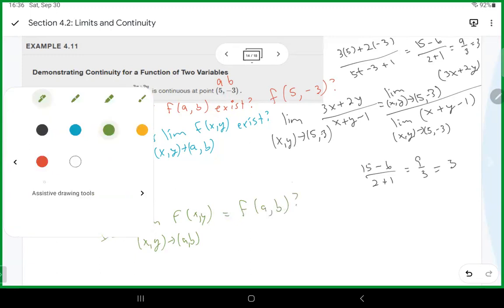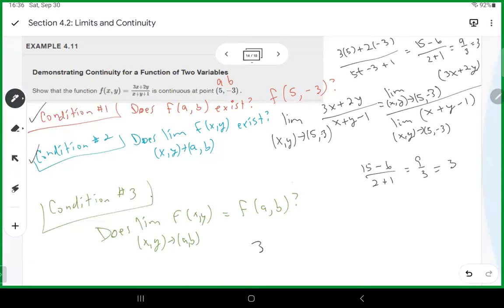And the answer for this case is yes. 3 equals 3. This is true because we have just shown both sides of this equation equal 3.